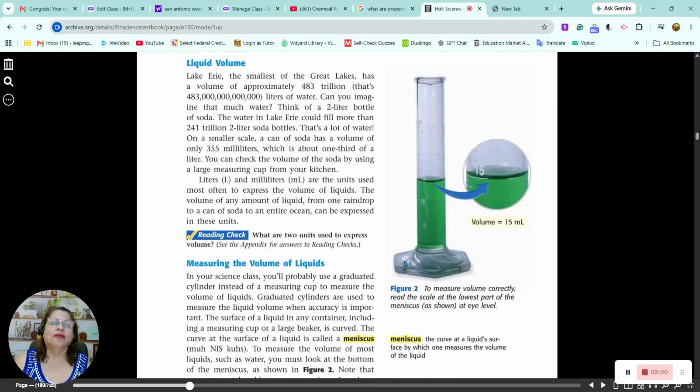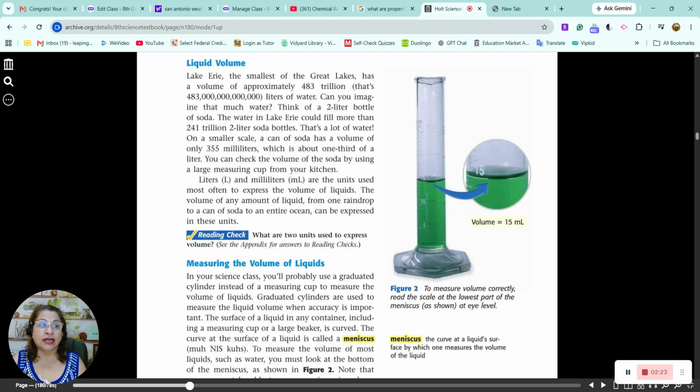Okay. We have what is called liquid volume, and this right here is a graduated cylinder. So we measure liquid in liters.